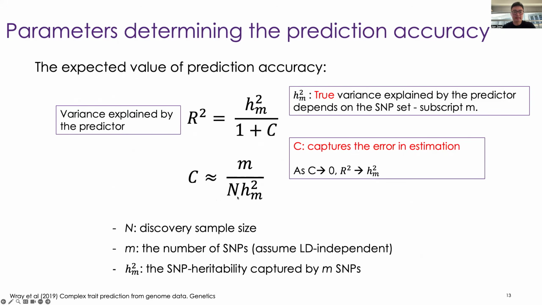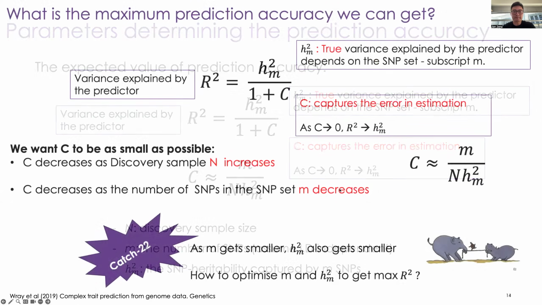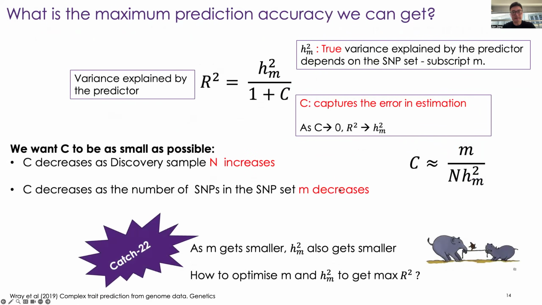And as we can easily see here, as the sample size increases, C goes to 0, which means the accuracy improves, but only up to the heritability captured by the SNP set. To maximize the prediction accuracy, we want C to be as small as possible. But as you can imagine, there is a central trade-off about the effective number of SNPs.